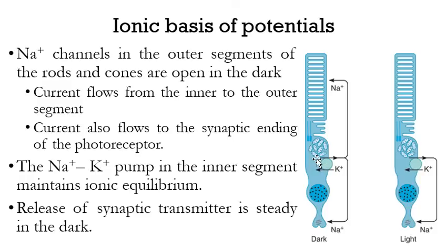So we have sodium channels in the outer segment of the rods and the cones that are open. Because they're open, you have current that is flowing from the inner and sodium goes out. And we also have sodium going to the synaptic end.